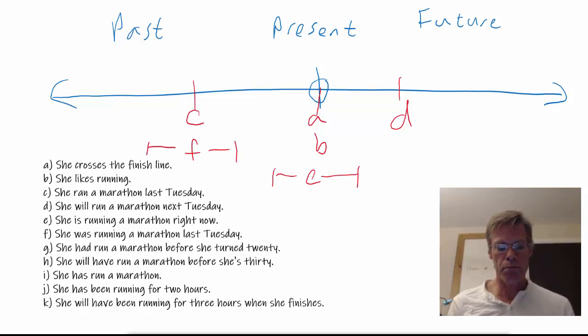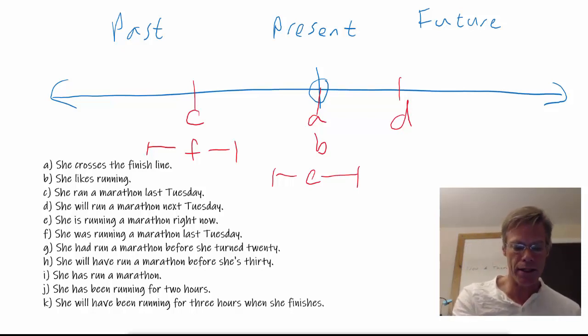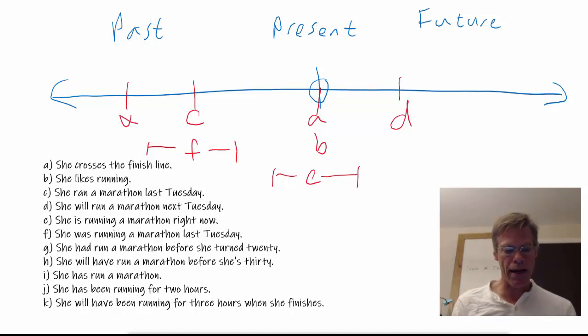we move to perfects. And I'm going to begin with past perfect. So G, she had run a marathon before she turned 20. In that case, we've got some event, let's call it alpha, because we haven't actually assigned a letter to that, where she turned 20.